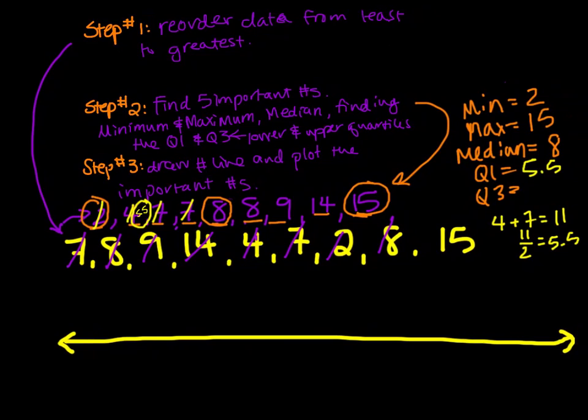Alright, so now we also need to find our upper quartile, and I have a feeling we're going to do the same sort of thing. We have an 8, 15, a 9, and a 14, so in between the 9 and the 14 is our next quartile, our Q3, our upper quartile. So 9 plus 14 is equal to 23.